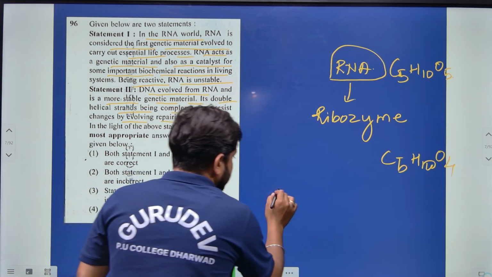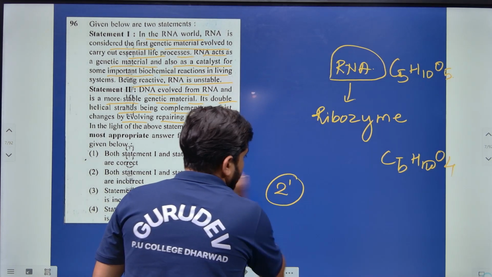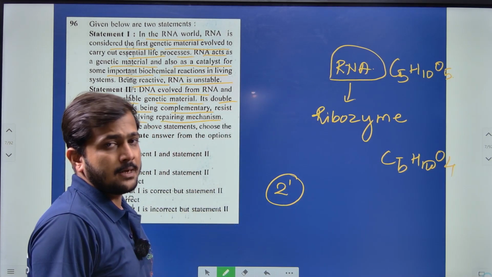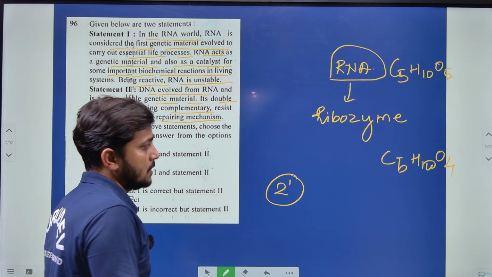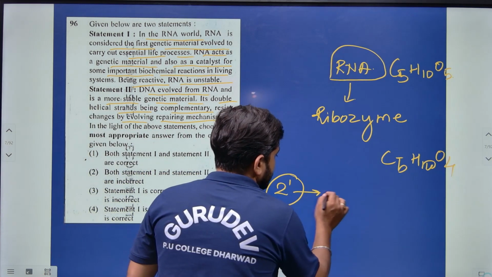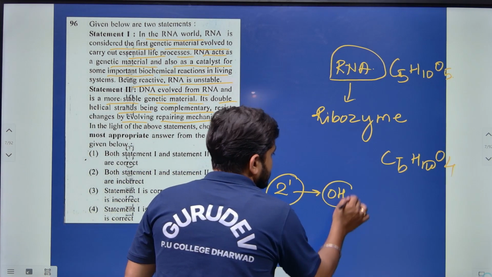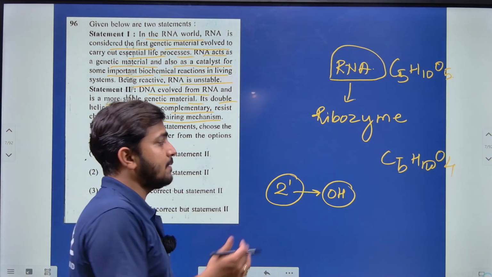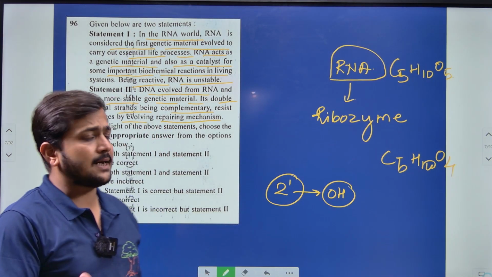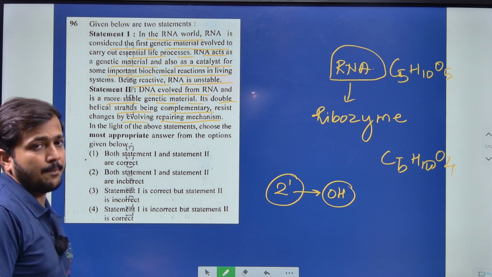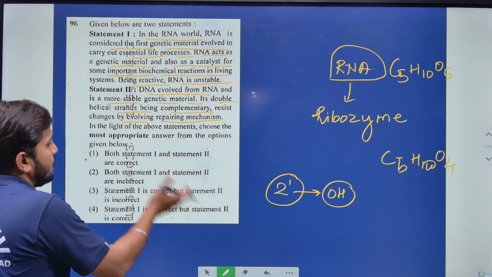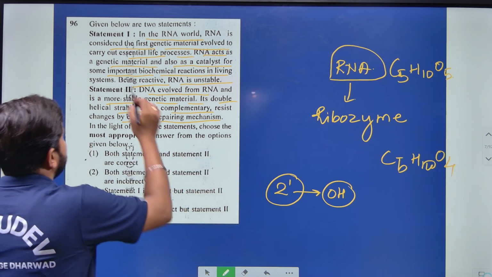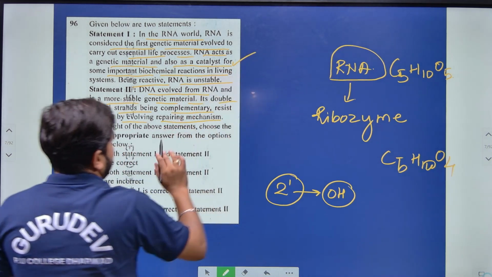At the second carbon position of the pentose sugar, there will be one more oxygen, which forms a hydroxyl group inside RNA. Only because of that, it became unstable, so it can react with any of the components. So here statement 1 is correct.